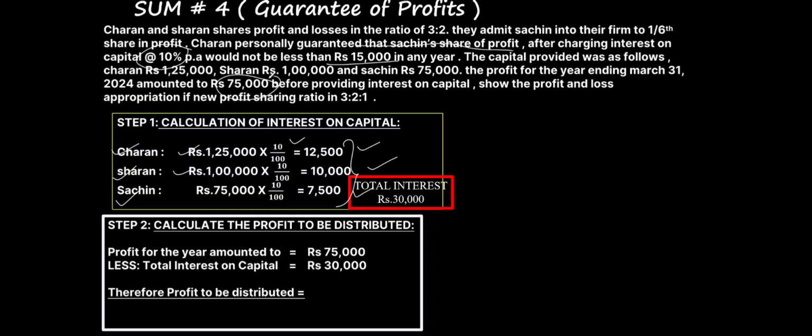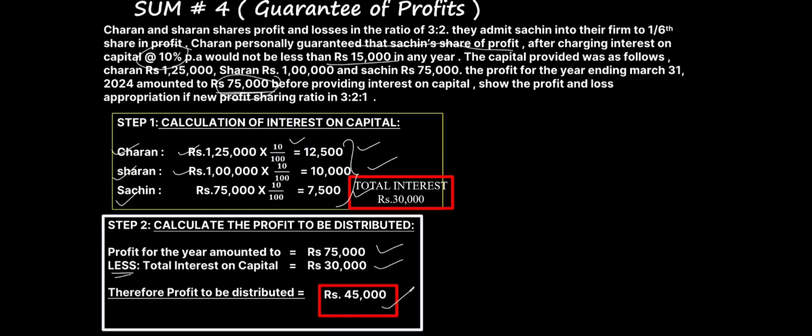The profit for the year amounted to rupees 75,000, which is given in the question. And then adjust the interest on capital. So deduct total interest on capital 30,000. Therefore, the remaining profit which can be distributed to the partners in the profit sharing ratio will be rupees 45,000. So this is the profit which is available now to be distributed to the partners.